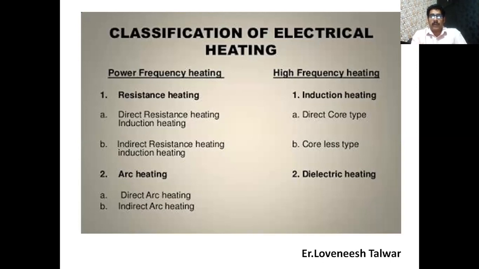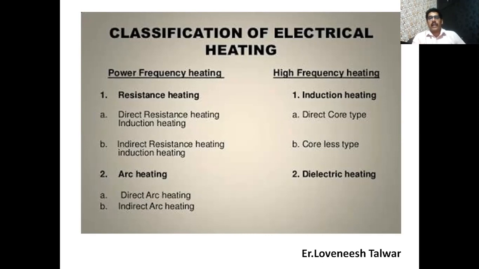Power frequency heating is classified as resistance heating, where we have direct resistance heating and indirect resistance heating, and arc heating, that is direct arc heating and indirect arc heating. On the other side, in high frequency heating, we have induction heating, which has two categories, a direct core type and a coreless type, and we have dielectric heating.